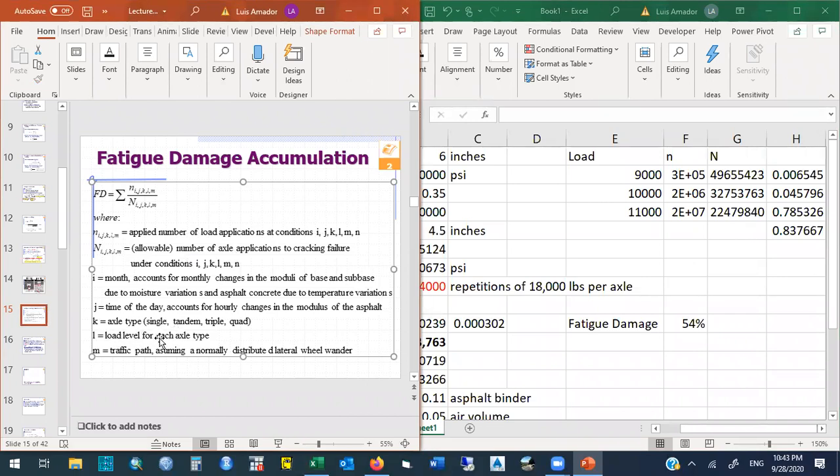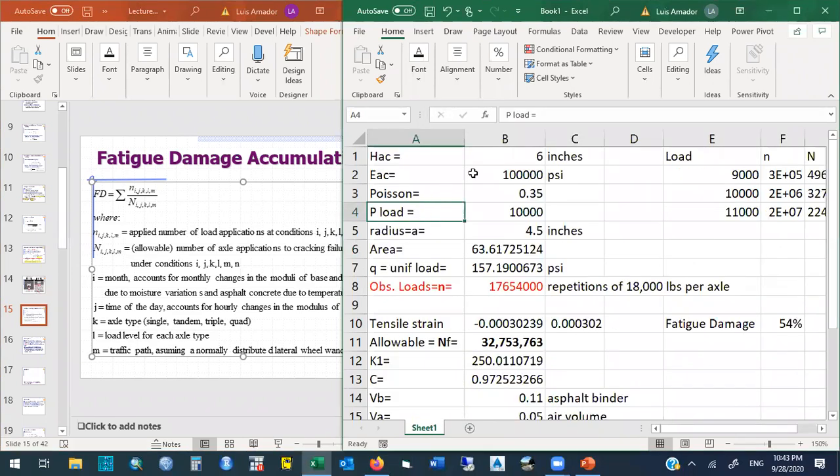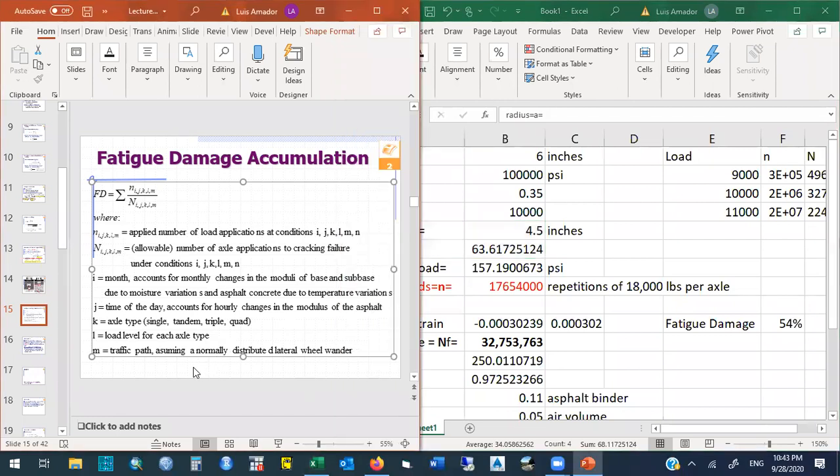Because you will have the elastic modulus that may be different during summer or winter. So you have to break it also per time. And so you will have specific circumstances that are going to change this. Also, I'm putting all the vehicles passing by the same point, but when you have the vehicles driving, they kind of wander on the width of the lane.